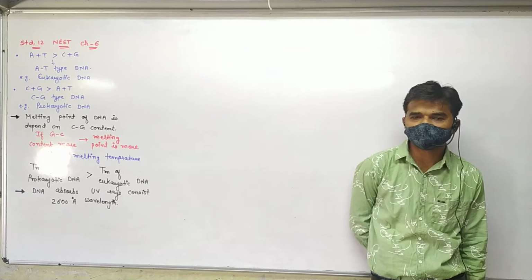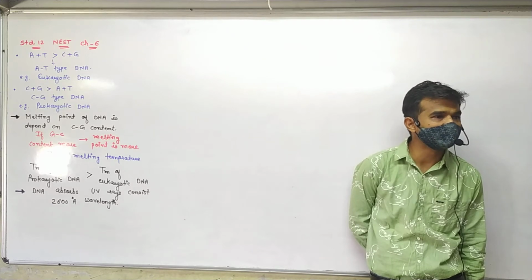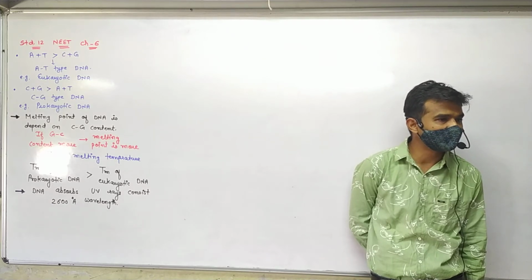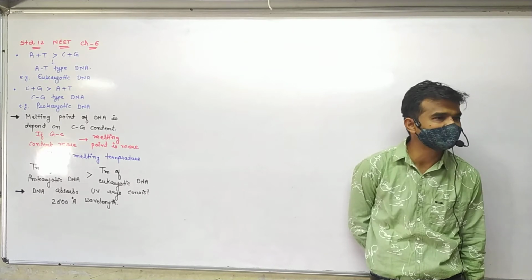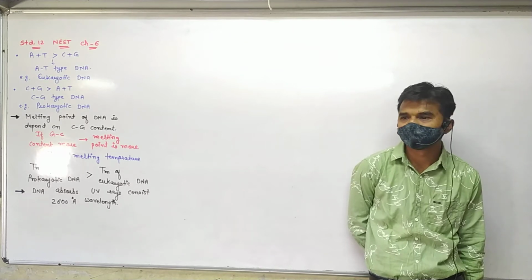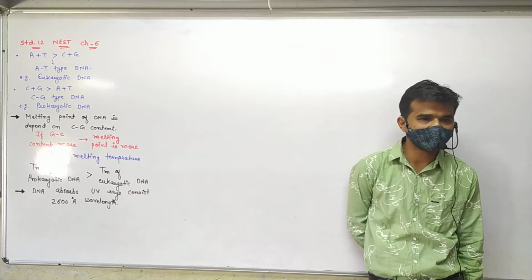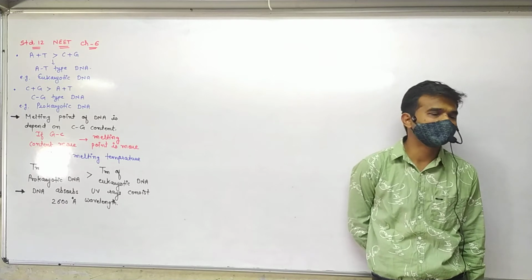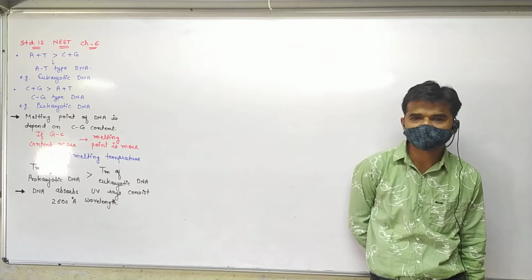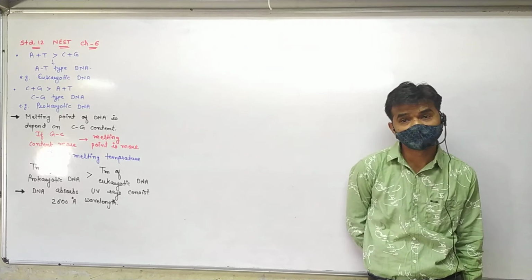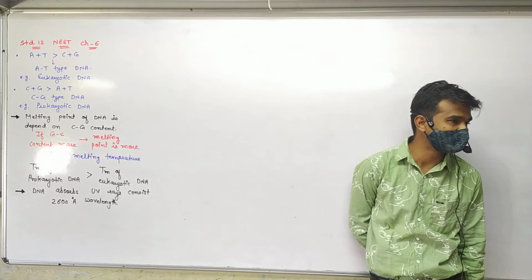So here after denaturation, annealing can be performed, and annealing can be done at the temperature 50 to 65 degrees Celsius or 60 to 65 degrees Celsius temperature. So after annealing, Taq polymerase, that is Taq DNA polymerase, which is obtained from the Thermus aquaticus bacteria.